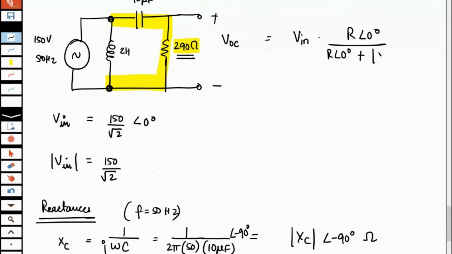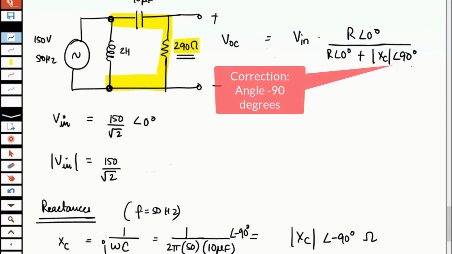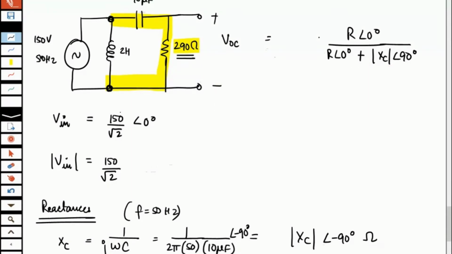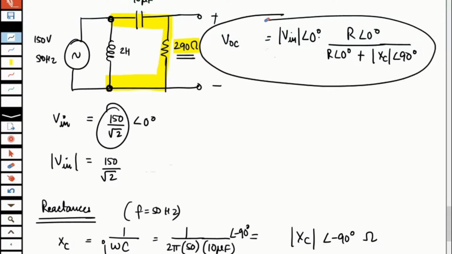This is my input. And V in you can write as 106 something or 107 something, so mod V in angle 0. This calculation is what you need to do.